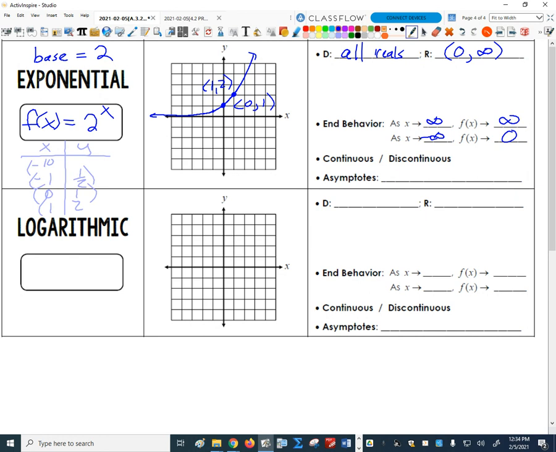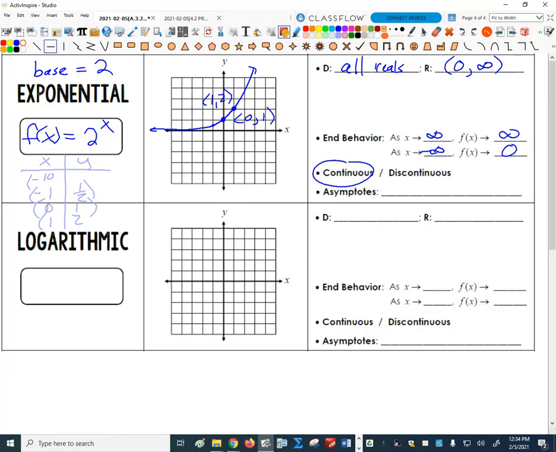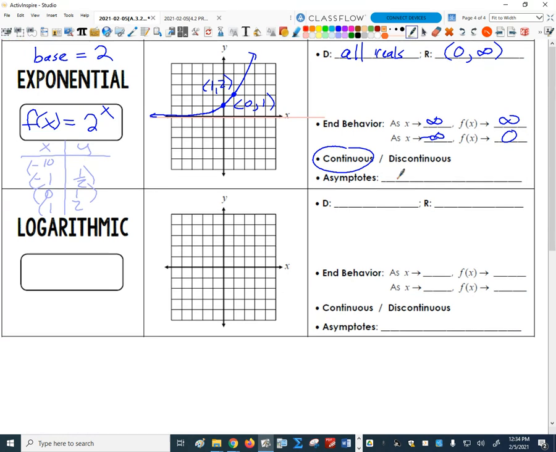The y value approaches 0. It is continuous, and I do have one asymptote, right? I have an asymptote on the x-axis. As I go to the left forever, it starts to hug that asymptote, but just never gets there. So I do have one asymptote, which is the x-axis, which is the line y equals 0.